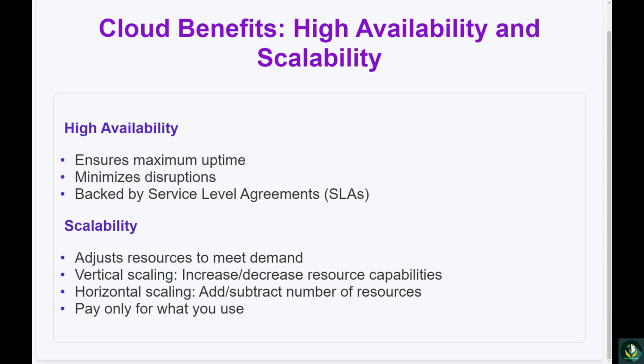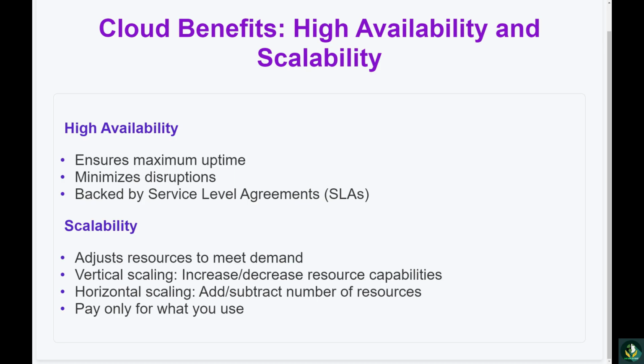Cloud providers achieve high availability through various strategies. Redundancy. Multiple copies of data and applications are maintained across different physical locations or data centers. If one instance fails, traffic is automatically redirected to a functioning instance. Load balancing.